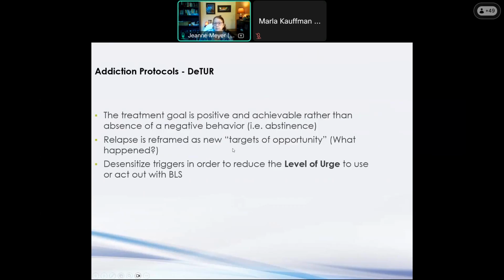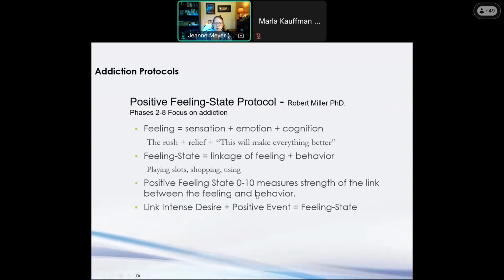So relapse is reframed as new targets of opportunity. For example, asking what happened instead of what's wrong with you. And you're desensitizing triggers in order to reduce the level of urge to use or act out with BLS. What that means is that the trigger is the target. And all of the addiction protocols are restricted, so we're not going full on into trauma processing. We're staying focused.